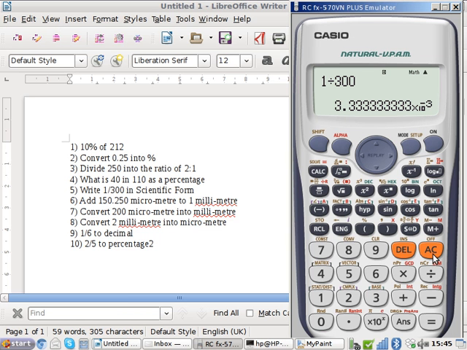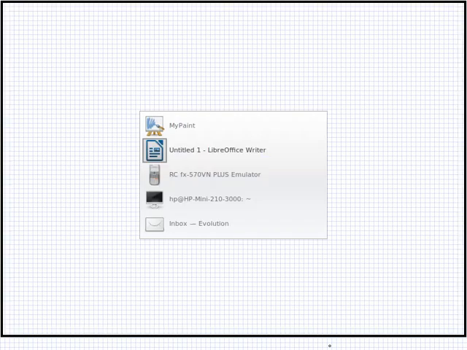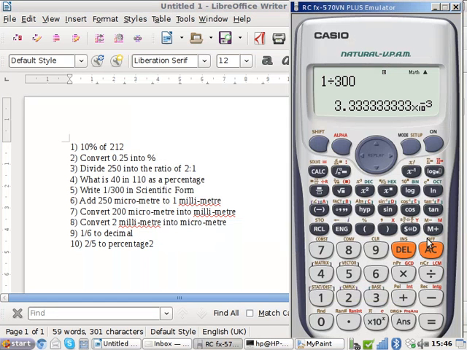Next now, number 6, add 250 micrometers to 1 millimeter. So when we're adding different units, be careful here, but the Casio calculator can handle that easily.